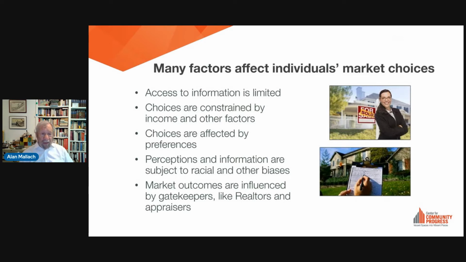You don't have complete information about every neighborhood and every house. So you're to a certain extent flying a little bit blind. Secondly, your income and other factors are going to limit your choices. Clearly, if you can afford to pay X for a house, and 80% of the neighborhoods houses cost more than X, that means you're limited to a very small number of neighborhoods if you want to become a home buyer.